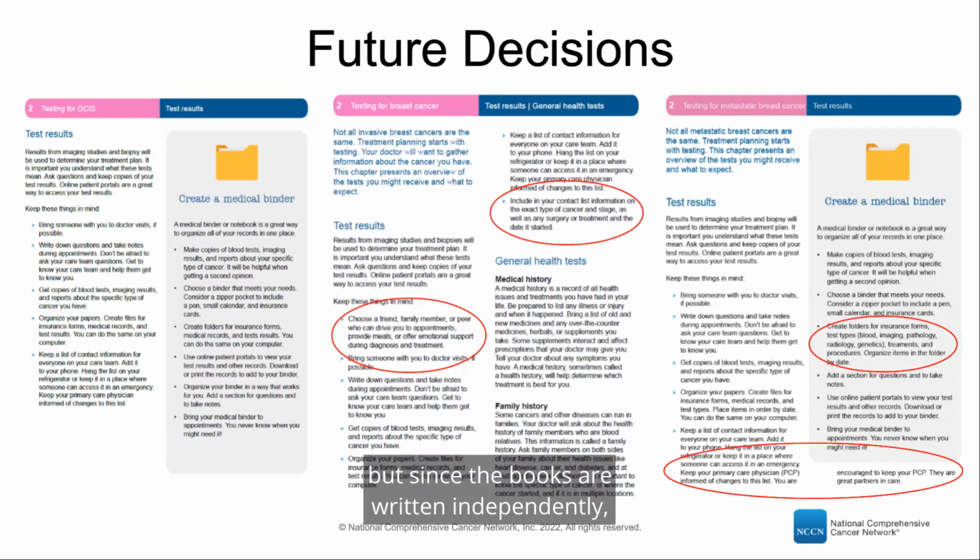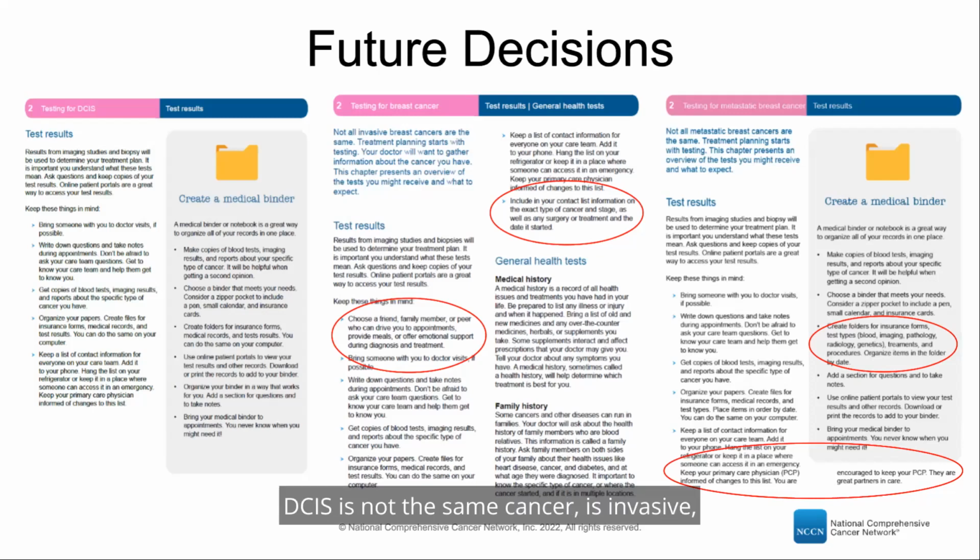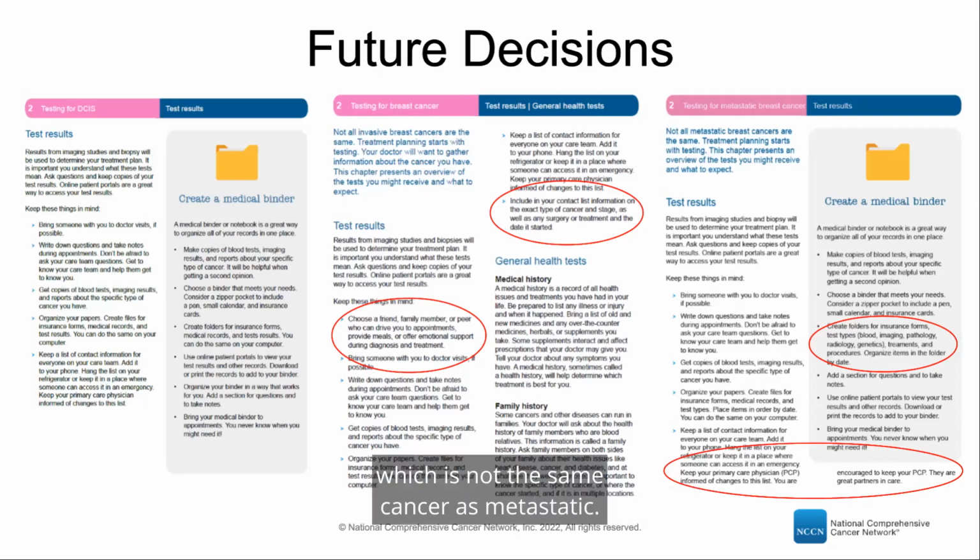But since the books are written independently, DCIS is not the same cancer as invasive, which is not the same cancer as metastatic. So I can't just take what one medical reviewer said and put it in another book that's already been through medical review. I have to leave those edits as they are.